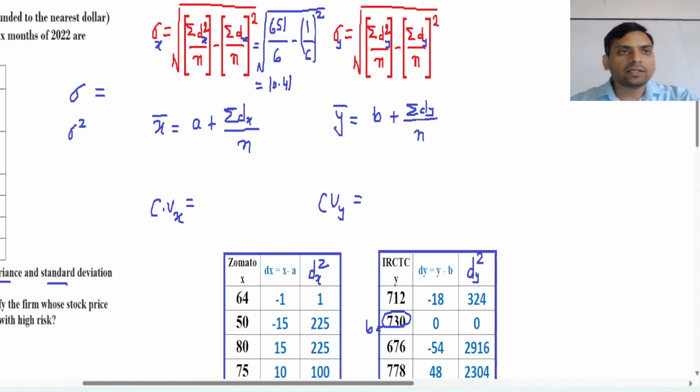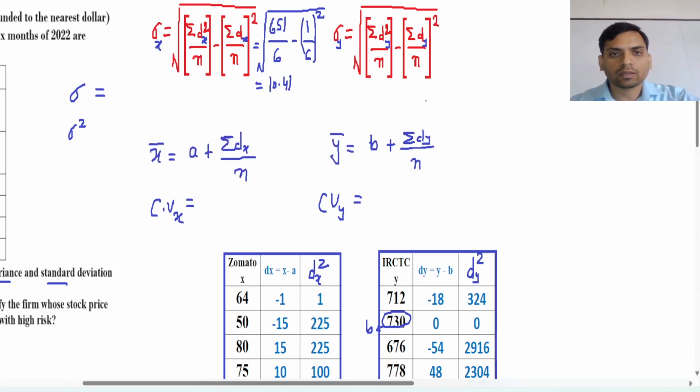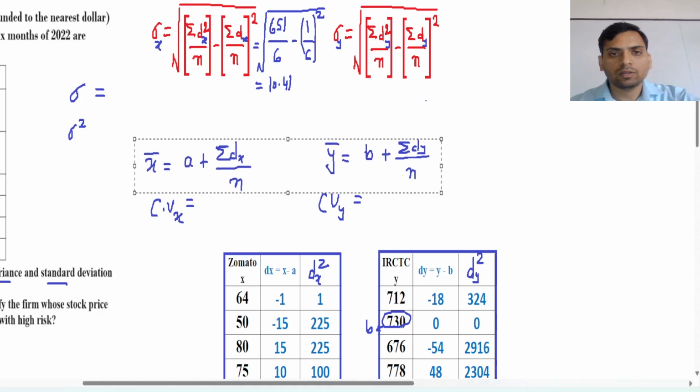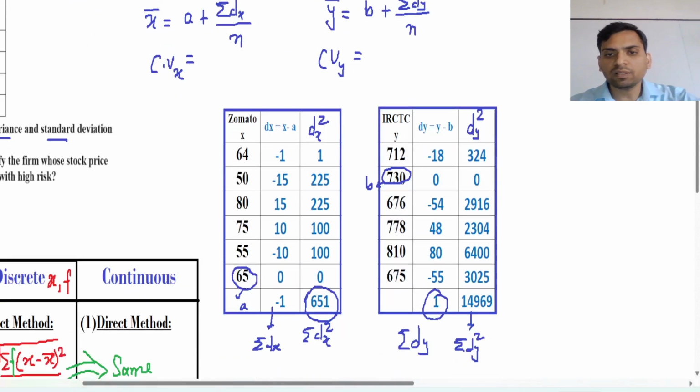So the second part, we can write variance also. So sigma square means variance is square of this 10.41, and this is equal to 108.36. And second is sigma y. In sigma y, we will put all these values from this table.